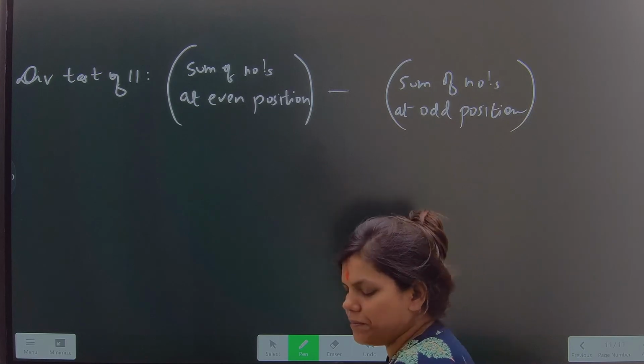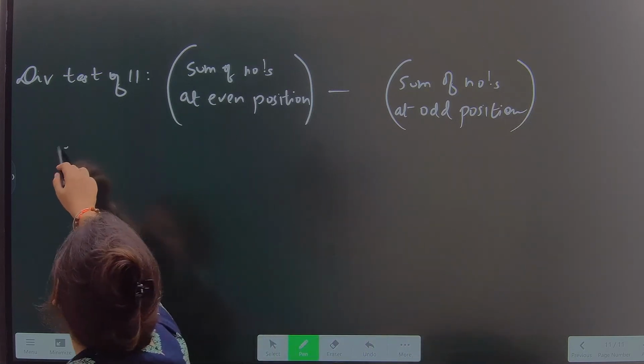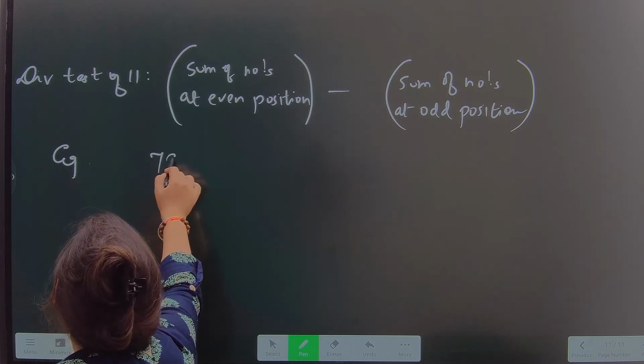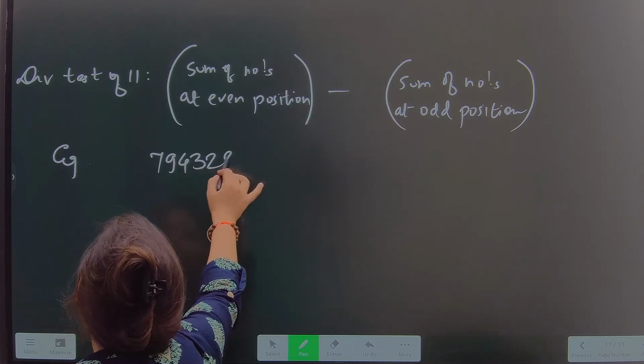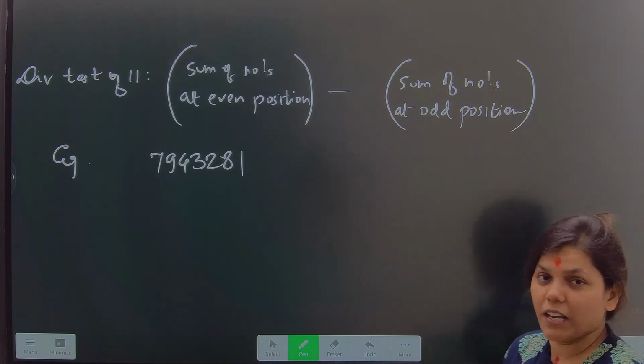What does that mean? Now, let us say, for example, 7943281. Let us check whether it is divisible by 11 or not.